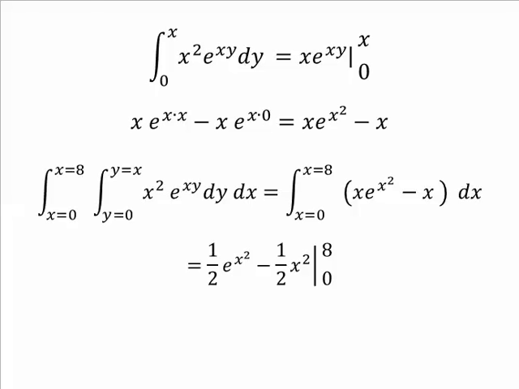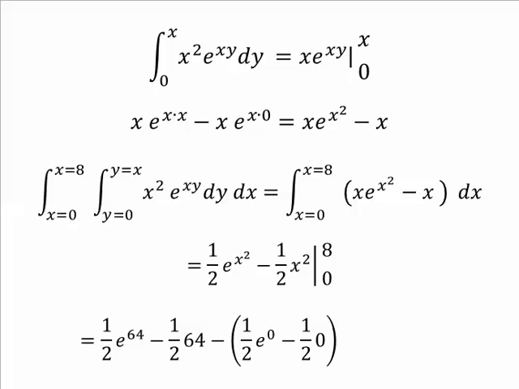You might have to do the first integral off to the side, but it's not that hard. You might have to do another substitution, have u be x squared, then du would be 2x dx, and so on like that. Then the second part of this, minus x, is pretty easy for you by now to integrate. So you go ahead and integrate and then evaluate.